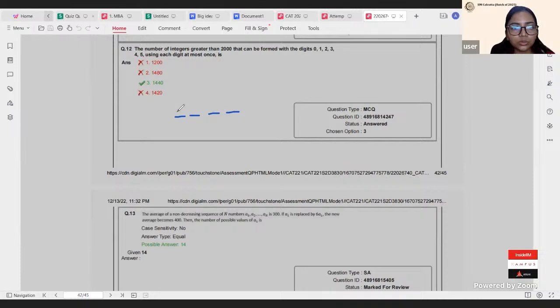If I put 2 in this case, the number of integers greater than 2,000 that can be formed. So I can basically put 0, 1, 3, 4, 5 in the other 3 places. In how many ways? 0, 1, 3, 4, 5. 5 numbers.